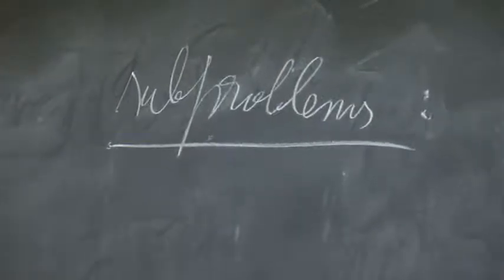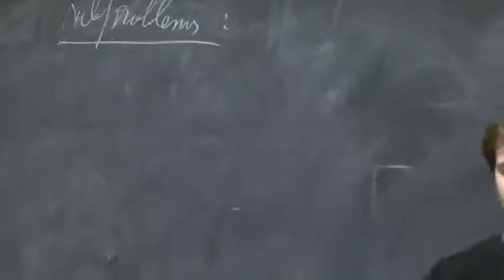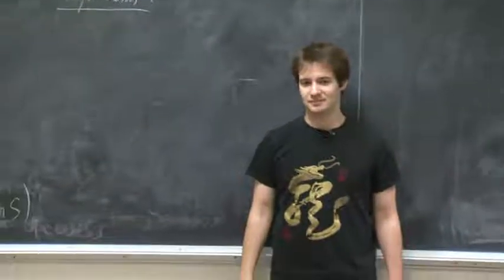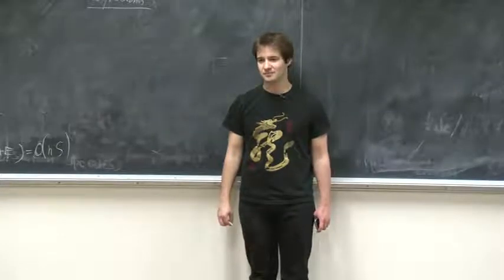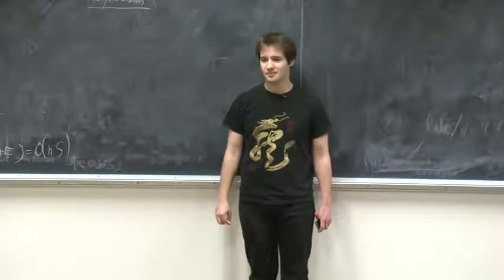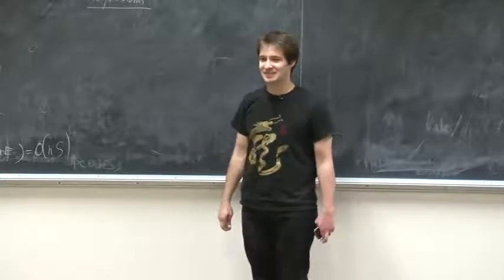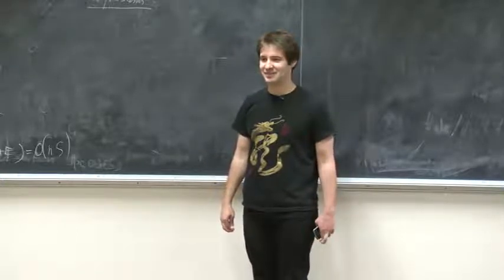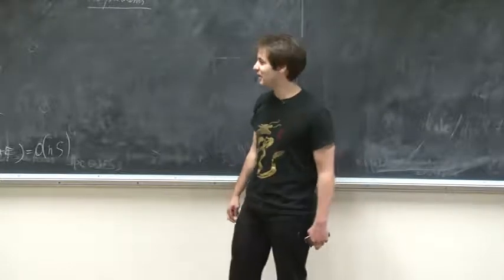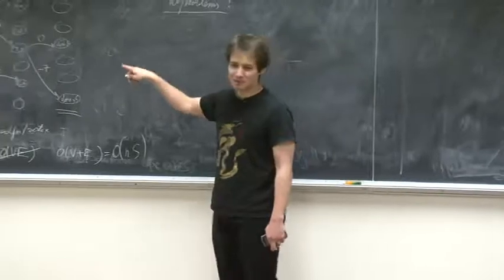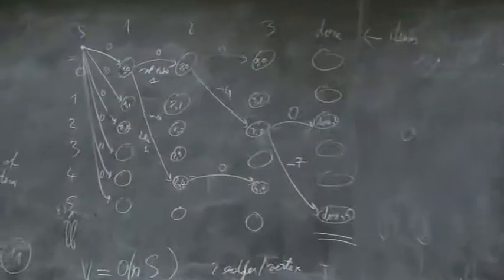So what are the subproblems? First off, how many subproblems am I going to have? n S. I just said that one subproblem will map to a vertex in the graph. n S vertices, n S subproblems.